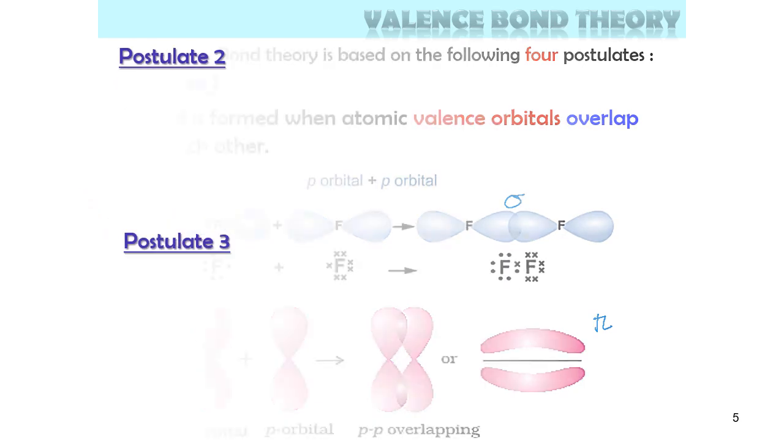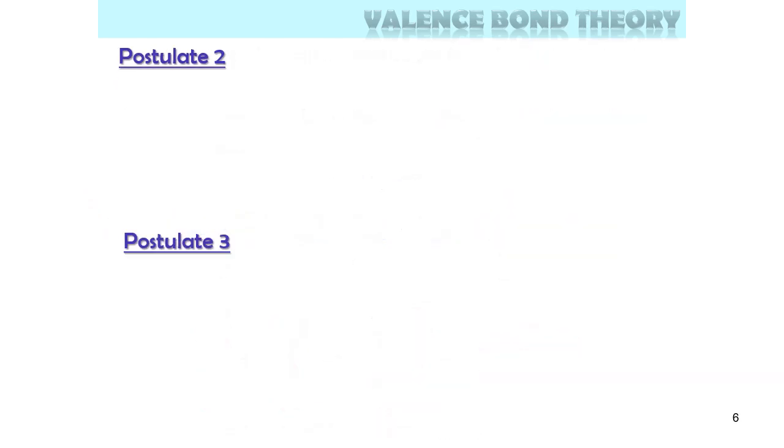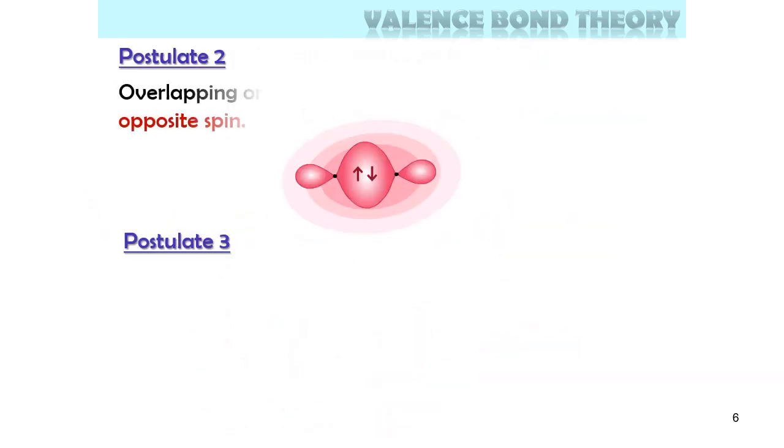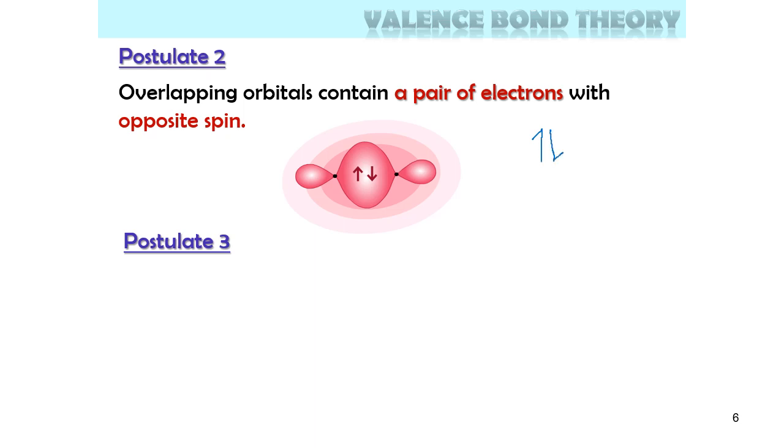The next postulate is overlapping orbitals contain a pair of electrons with opposite spin. So when you want to indicate the pair of electrons, you must draw one pointing up and one pointing down. So it must be opposite spin.